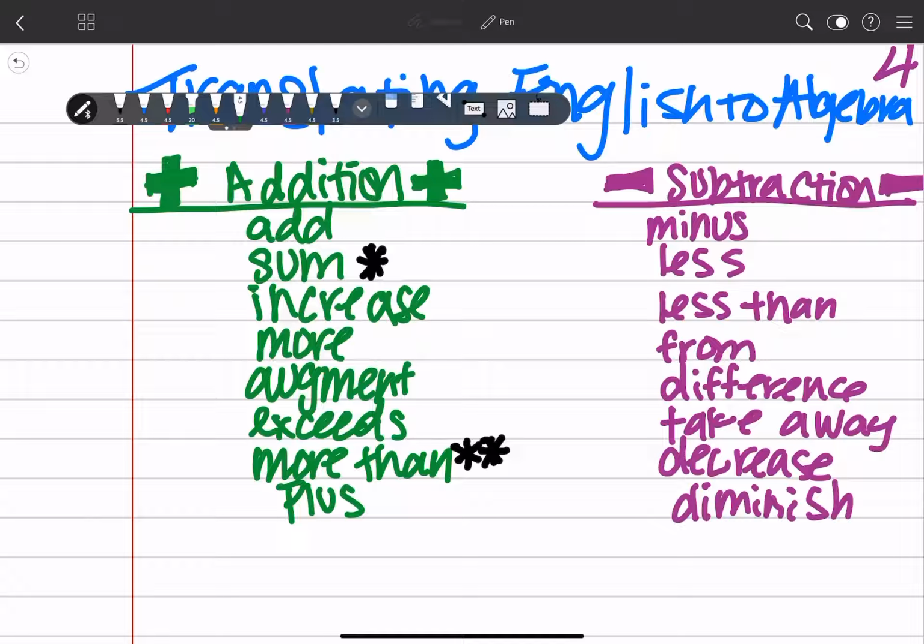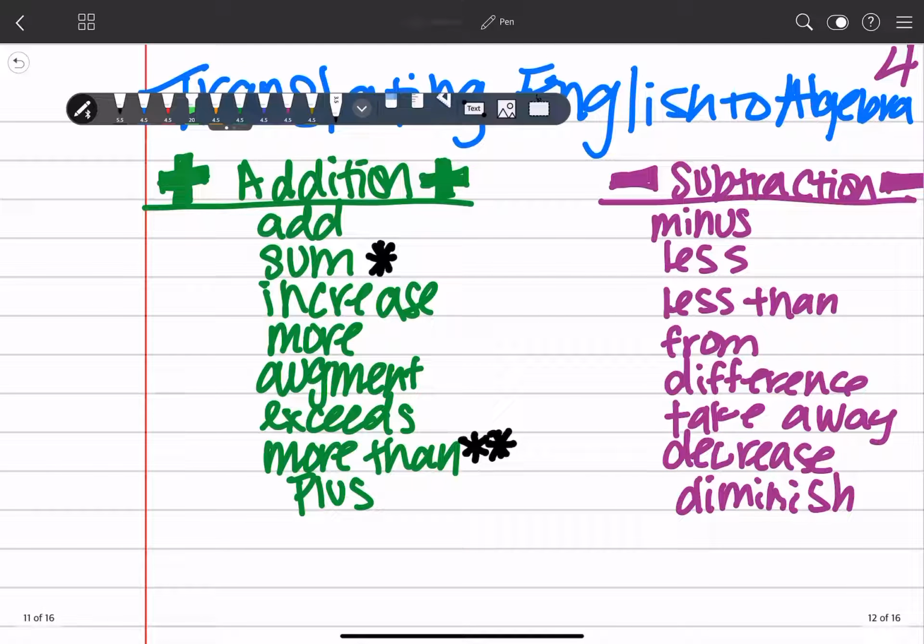All right. So this one also has 2 that are very special. This one is going to get the 2 stars: less than. And from and difference are going to get 1 star each.